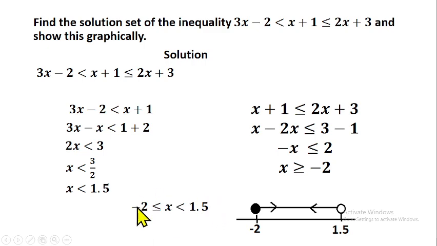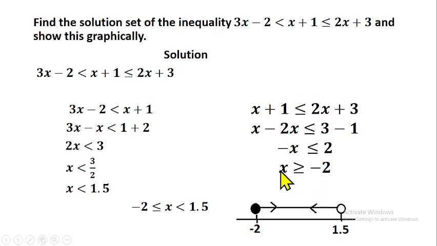Then if you want to represent this on a number line as you are asked to do, then draw your number line, then minus 2 and plus 1.5. This is negative, this is positive. Then this one has a weak inequality, so that means you draw the circle and you shade it. And this one has a strict inequality, so this is a circle without being shaded. Then where would the arrow go?